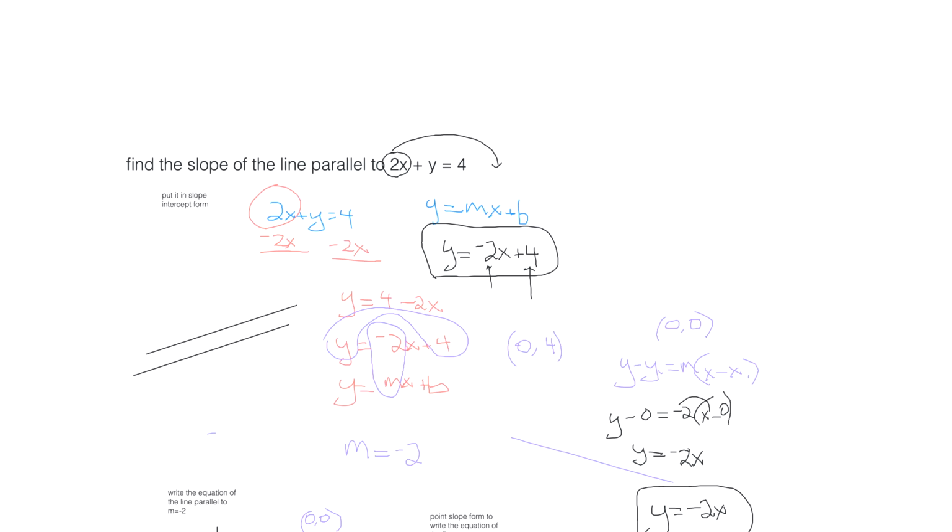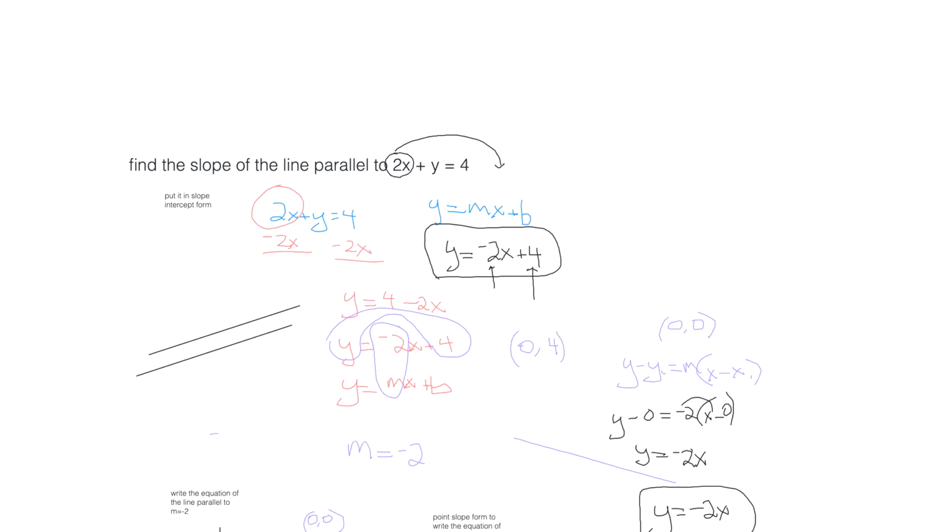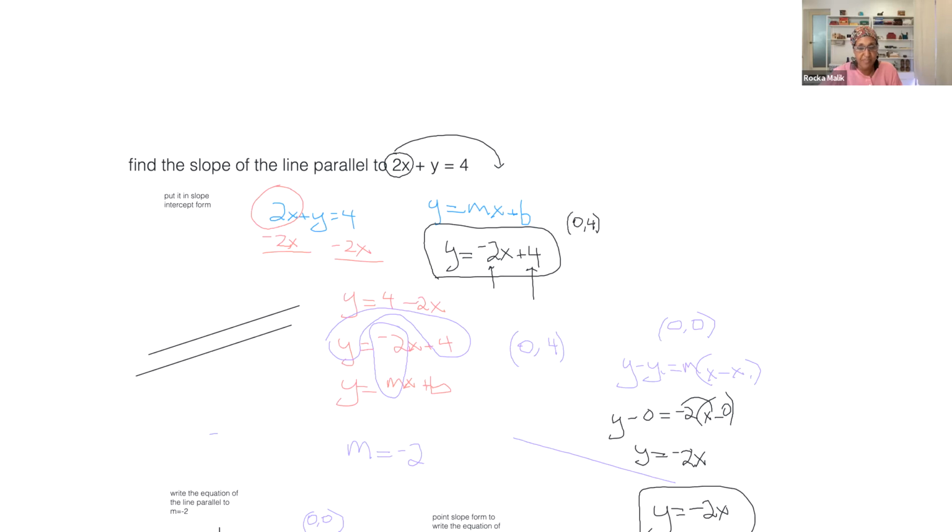It's like a free point. It's always gonna be 0, comma, whatever this number is. So my point on the graph is gonna be 0, comma, 4. And I know it's gonna be going downwards because it's a negative slope.